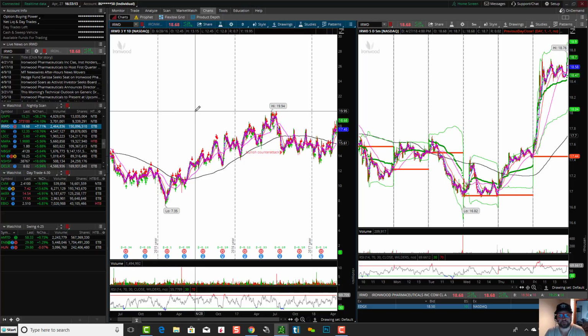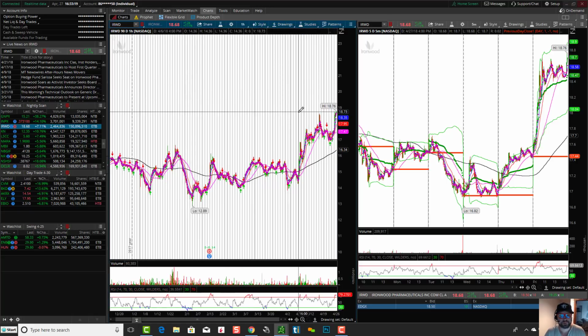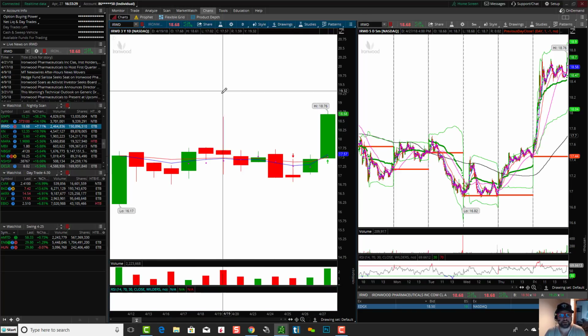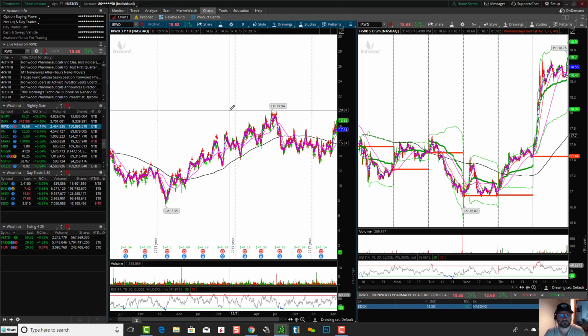Right around 20 bucks. Could be, let's take a look at the hourly. Bit overextended. Cup and handle. So you have a kind of cup and handle pattern right here. So let's take a look at the daily. Resistance around 20 bucks.